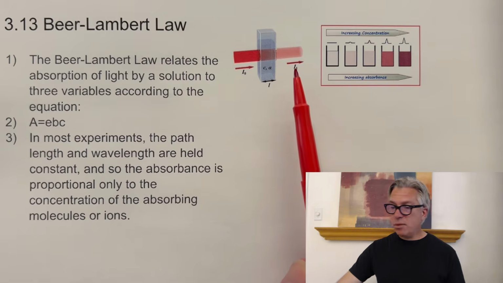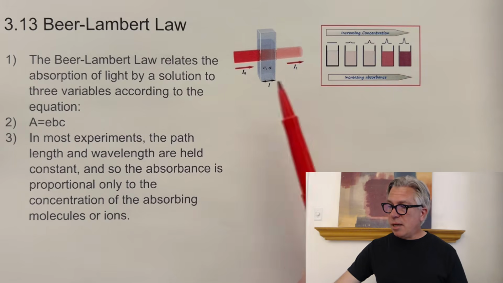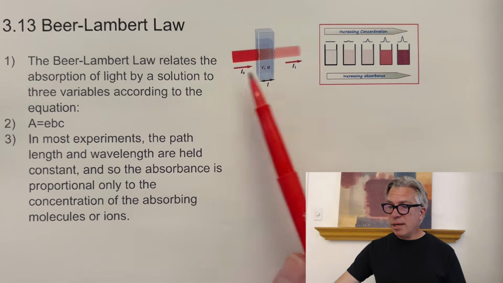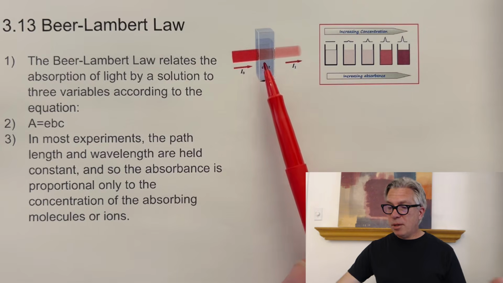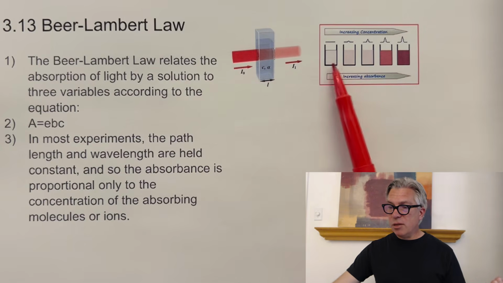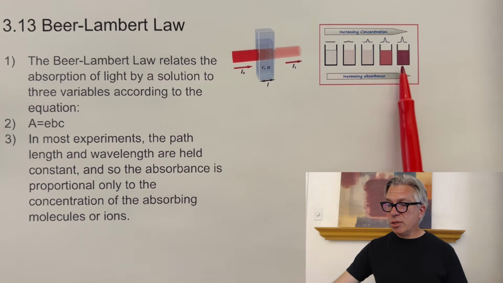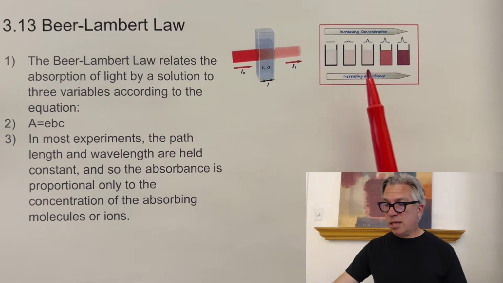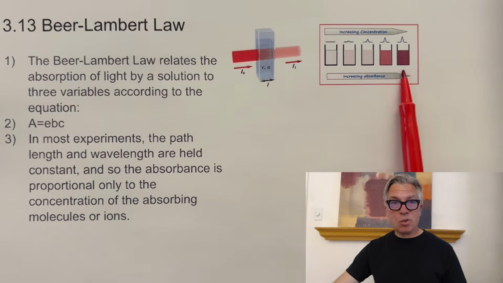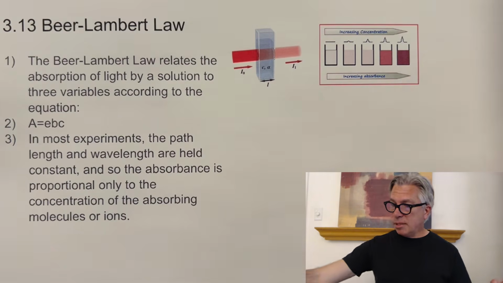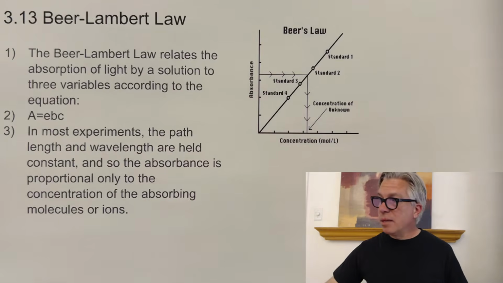We have machines that do that for us, colorimeters, and we can actually then calculate how many of those ions are in there. We usually do this by creating a known set of standards of varying concentrations that we actually know, and we run them through our colorimeters, spectrometers, to see how much light these things absorb. And what happens is that ends up, if we do it right, being a linear relationship.